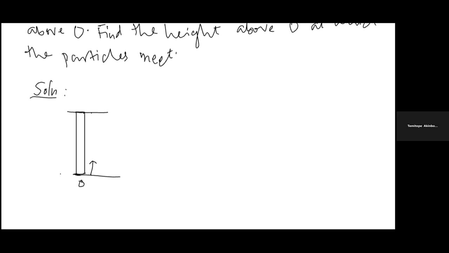This one is coming down. So let's call S1 the distance moved upward.